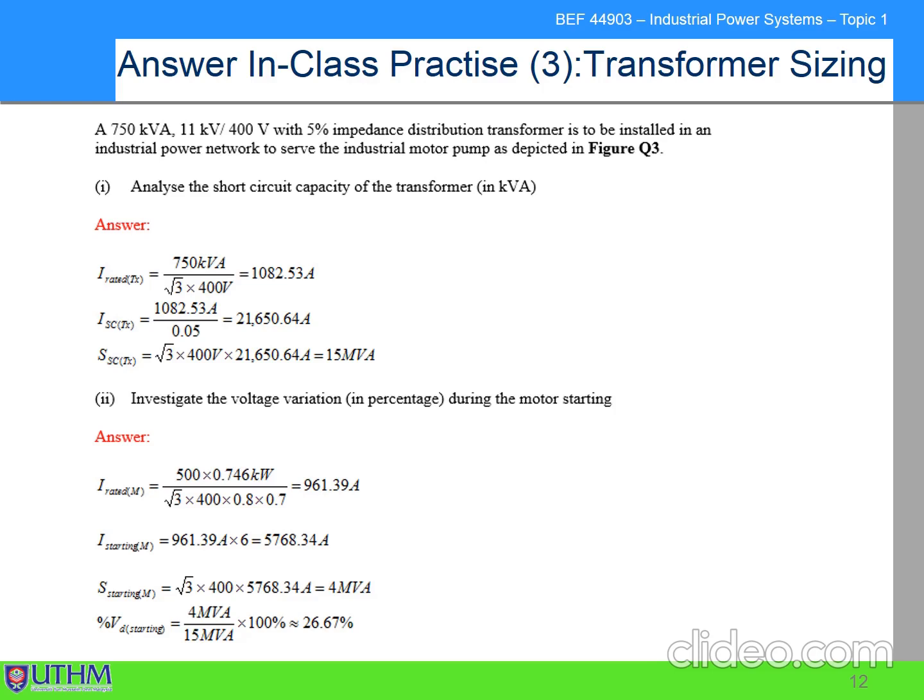Then we find S starting: S is equal to square root 3 times voltage times I starting. To get the voltage drop for starting, we divide S starting by S short circuit. So we get the value of 26.67%.